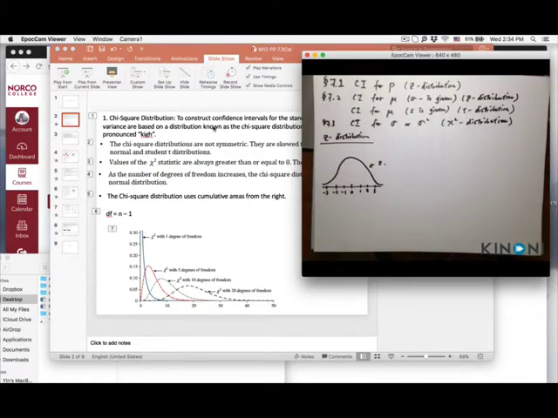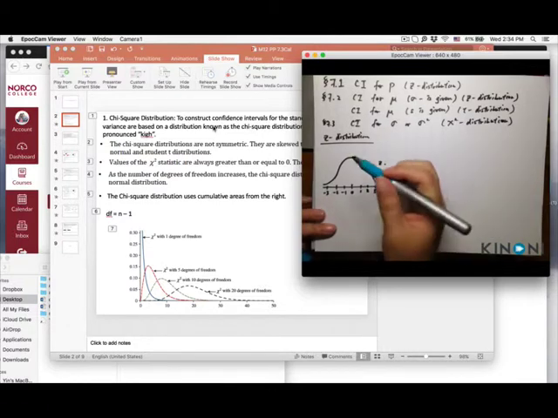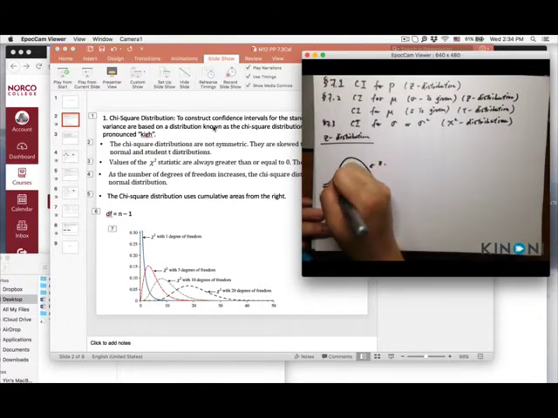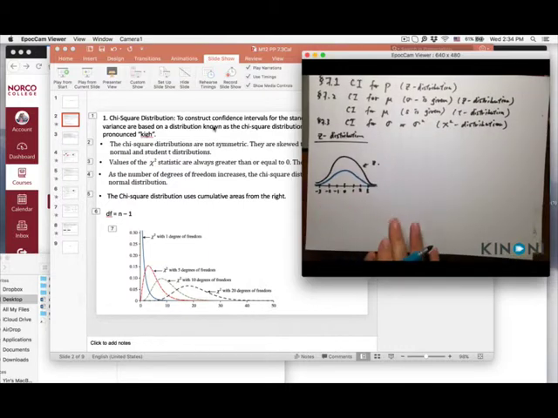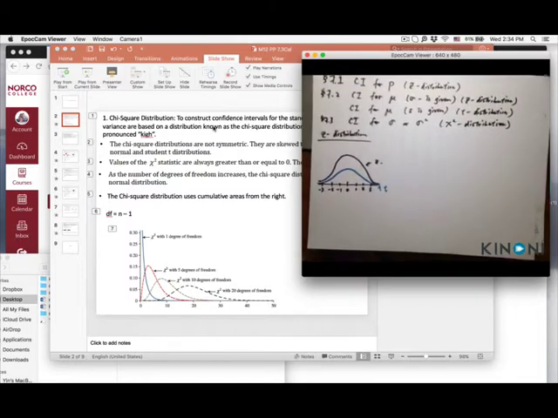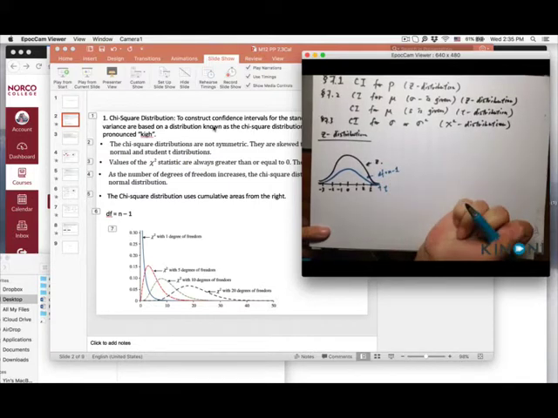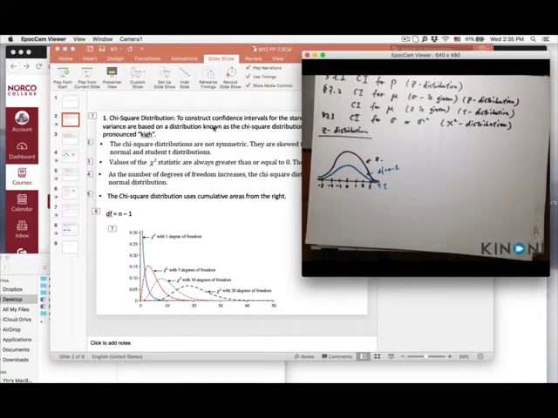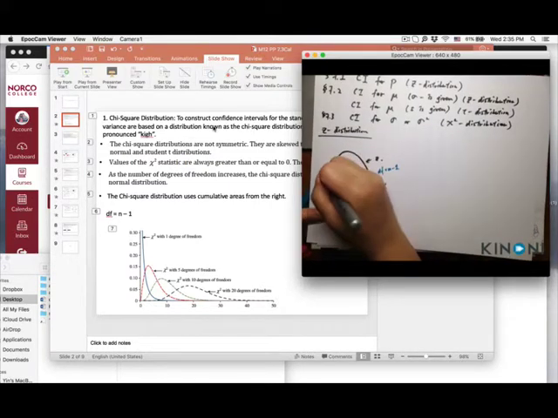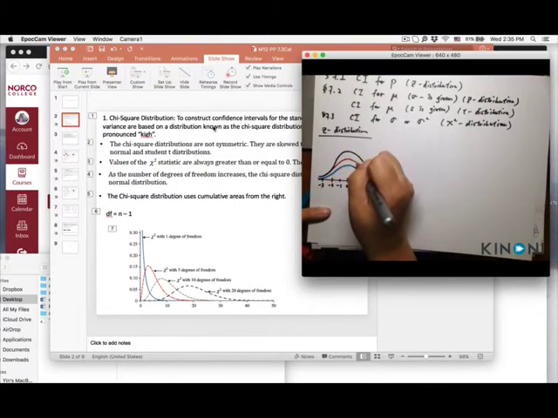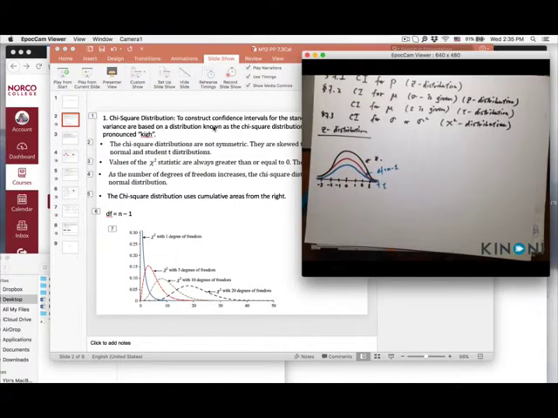But for the T distribution, we have something similar. We still have the normal distribution, but it's going to be more spread out compared to the Z distribution. And it also depends on the degree of freedom, n minus 1. If you keep increasing the degree of freedom, it's going to approach the Z distribution.